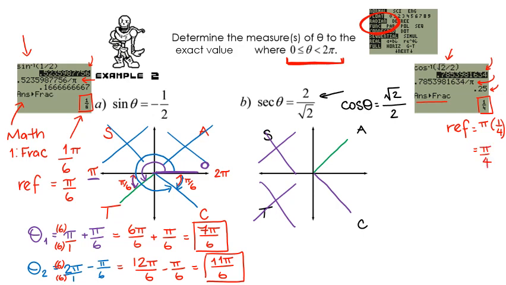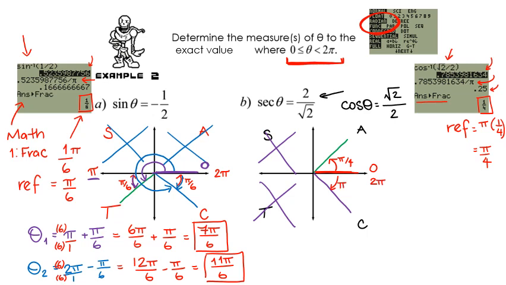So in quadrant number 1, that terminal arm is closest to 0 radians. Sorry, there's no degree symbol. So it's just 0 radians. And between the x-axis and that terminal arm, we've got a reference angle of pi over 4. And in quadrant number 4, if I go down, we're closest to our 2 pi arm.